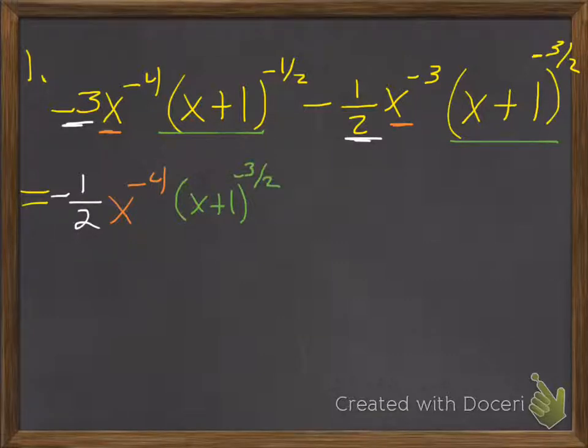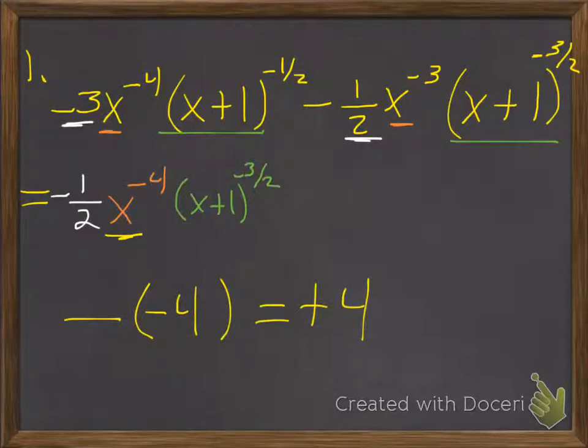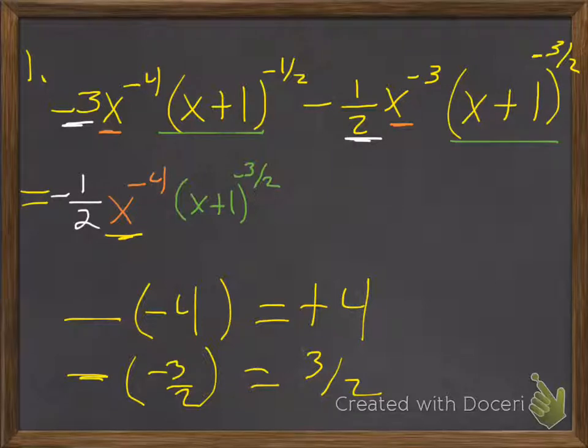Okay, now what's going to be happening is I'm going to be factoring out, for instance, the x to the minus 4. That means I'm going to be subtracting negative 4, which means I'm really going to be adding 4 to the exponents there. For the x plus 1 to the minus 3/2, when I factor that out, I'm going to be subtracting negative 3/2, which means I'm going to be adding 3/2 to each one of those exponents.